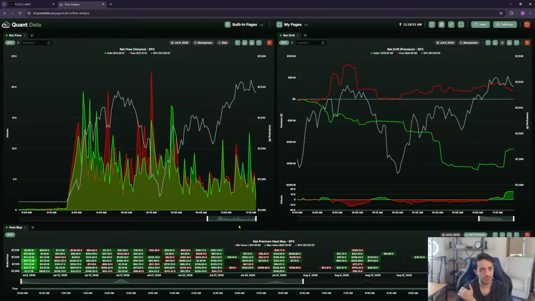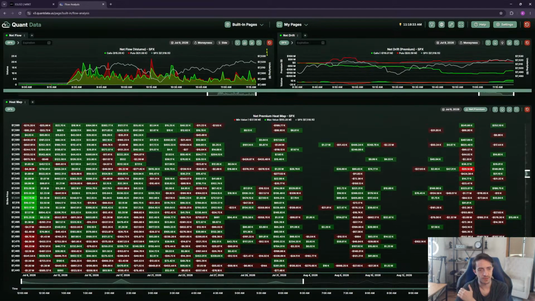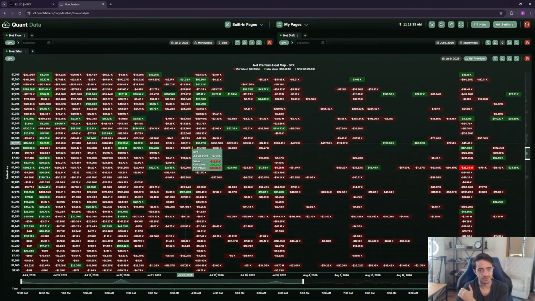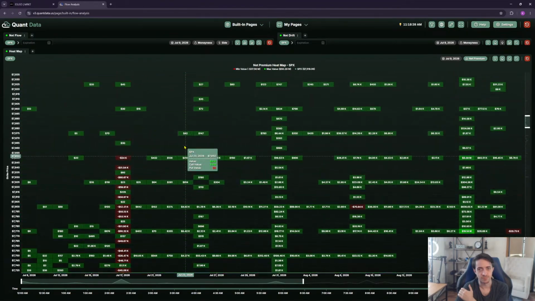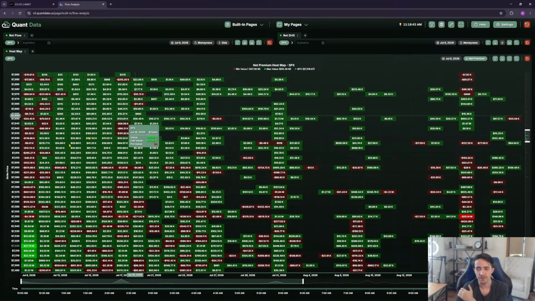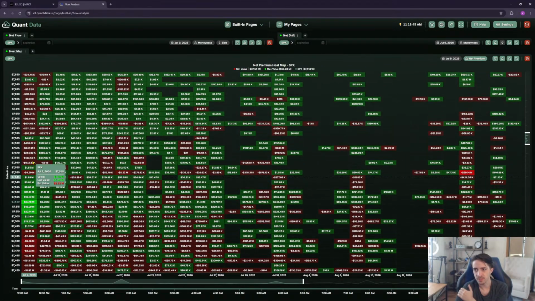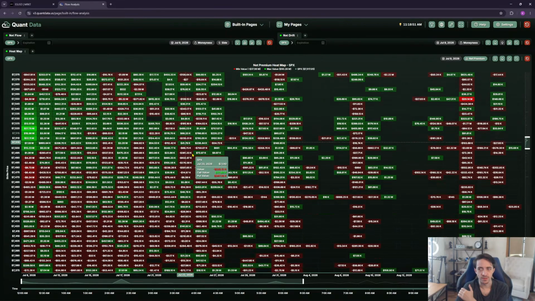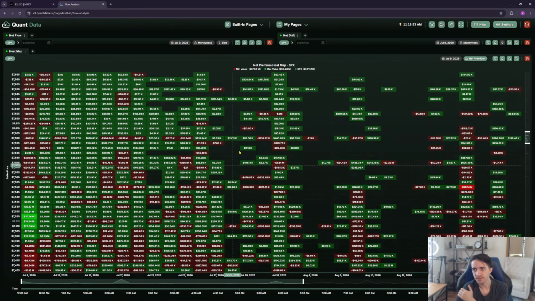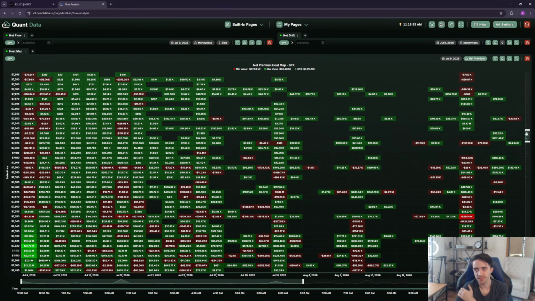Let's see your net premium heat map here. Where is the purple one? Doesn't have our max value. A lot of times it'll have the biggest spike. Let's see. Looks like it's right here.